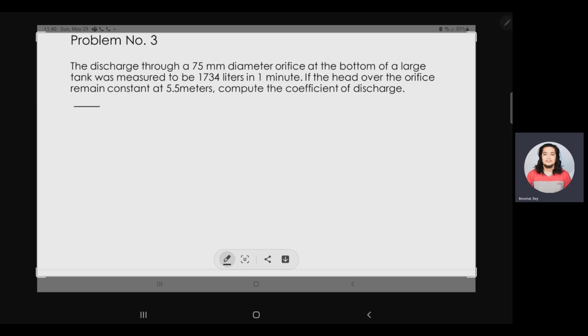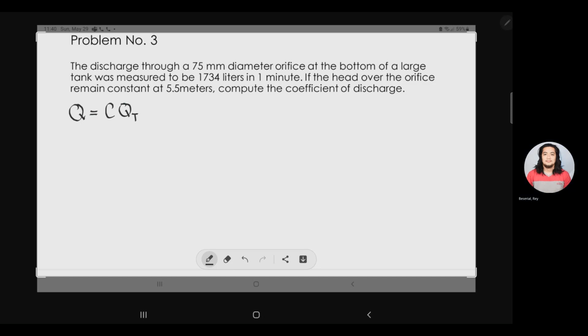So meron tayong, di ba, yung ating actual discharge is equals to coefficient of discharge times doon sa theoretical discharge. Okay. So with this, makukuha natin yung ating coefficient of discharge, di ba? So other formula ng ating actual discharge is equals sa volume over time. Okay? So, yung volume natin na 1,734, pero dapat in terms of cubic meter, di ba?